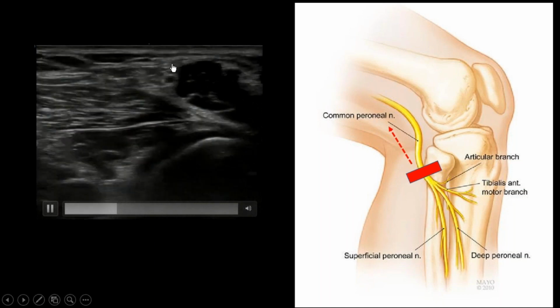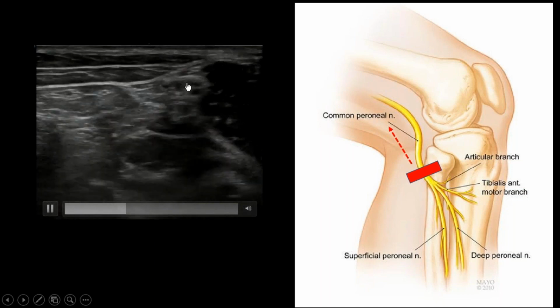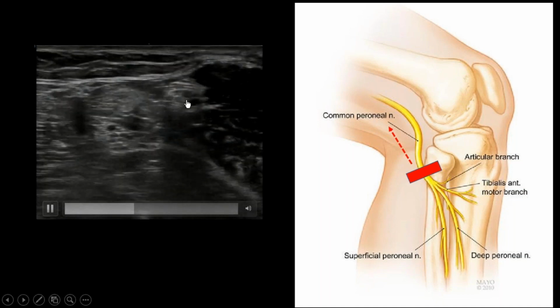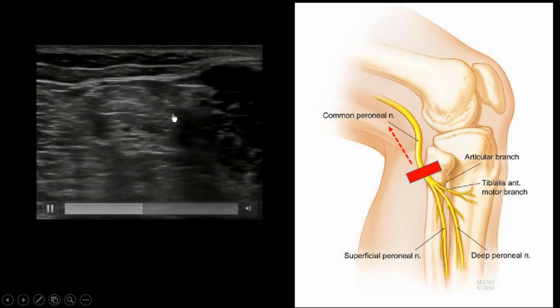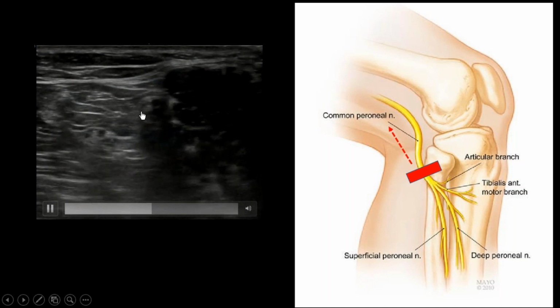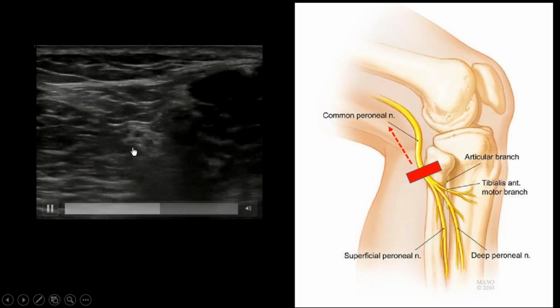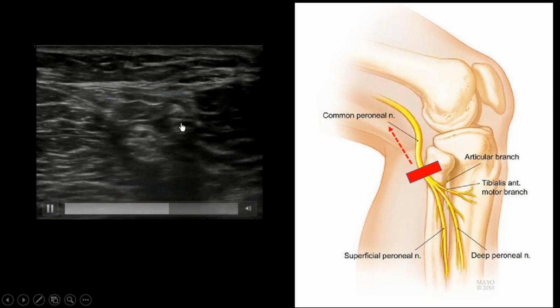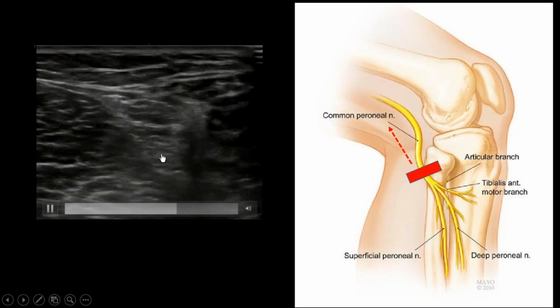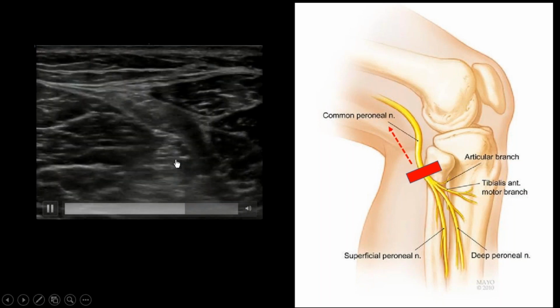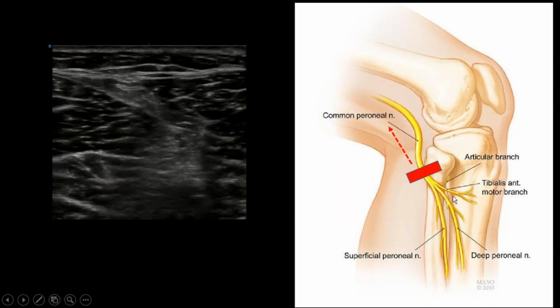Now they are both joined, and because it's going deep, the nerve appears more hypoechoic. And here's the tibial component. Now the peroneal and tibial components join together to form the sciatic nerve. So you can follow the peroneal nerve at the fibular neck and go proximally to see the tibial component and sural communicating branch.